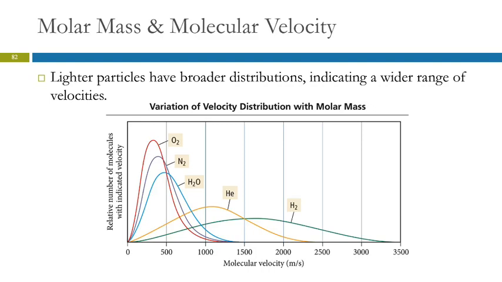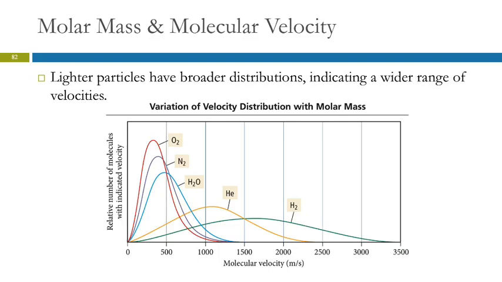And an interesting thing is that as you look at smaller molecules, so oxygen has a molar mass of 32, nitrogen is 28, water is 18, helium's 4, hydrogen's 2. As you go to smaller and smaller masses, the distribution spreads out.